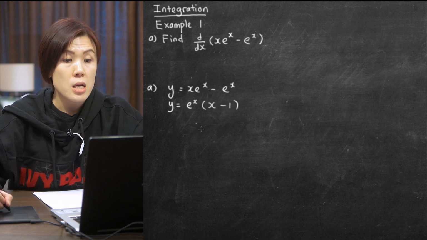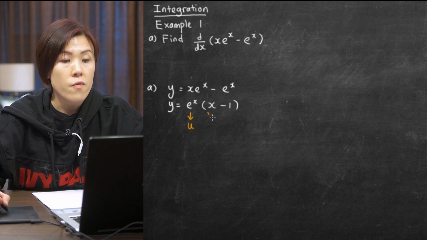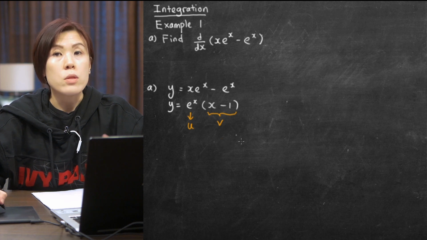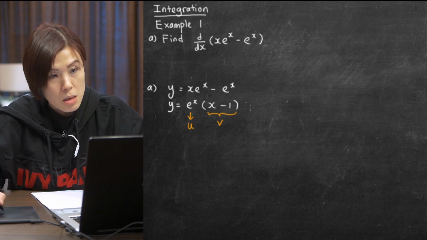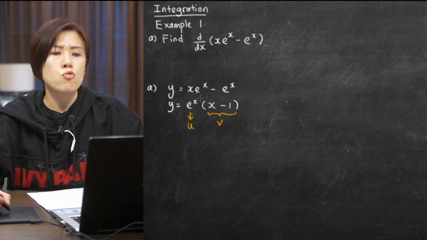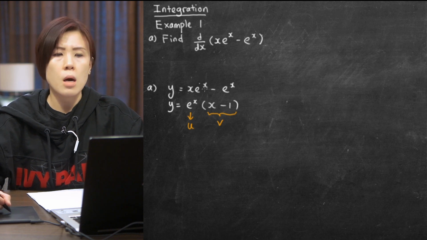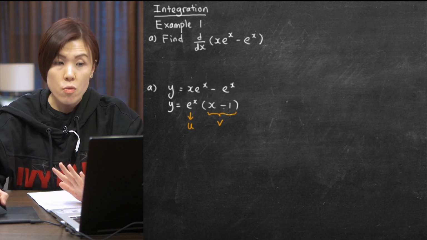By rearranging this form, I can let u be equal to e to the power of x, and v be equal to x minus 1, and we can use the product rule to find the derivative of the whole thing instead of only the first term. Of course, if you prefer to use the product rule on the first term, then differentiate the second term, that way is definitely correct.